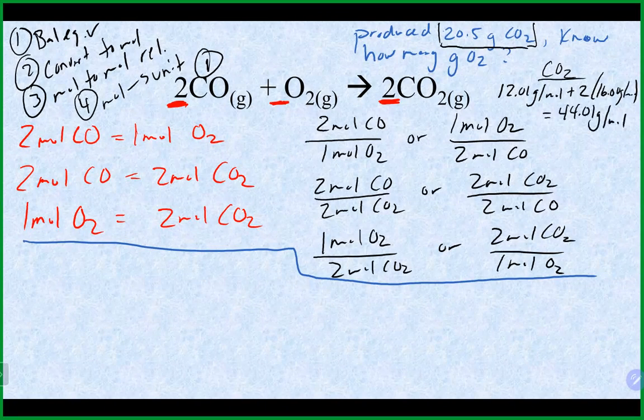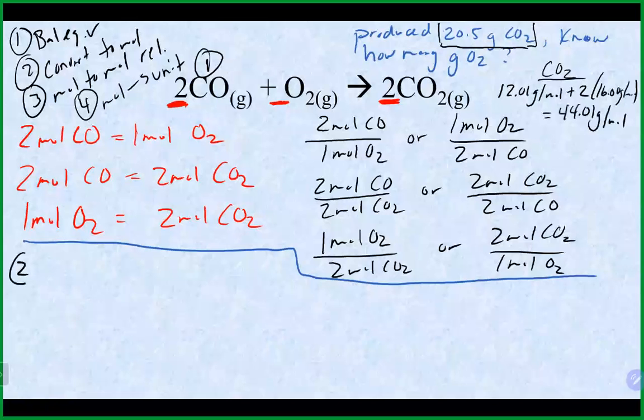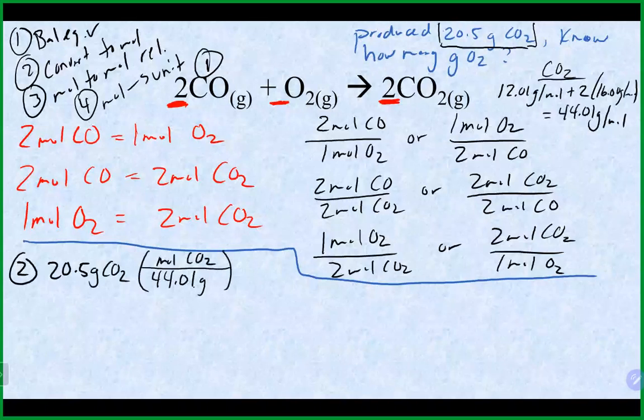So really the second step is to convert our grams to moles. Starting with our 20.5 grams of CO2, using the molar mass as a conversion factor. I'm going to put the grams on the bottom so that they cancel, and moles of CO2 up on top.